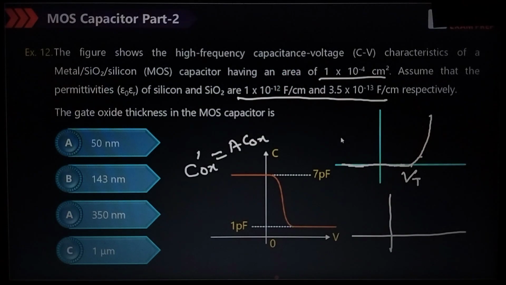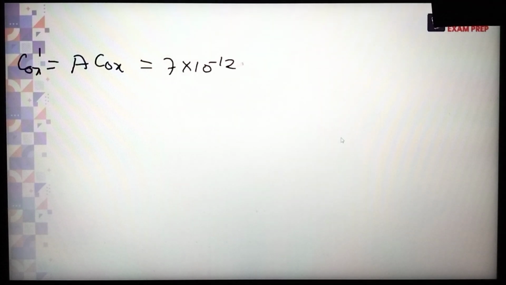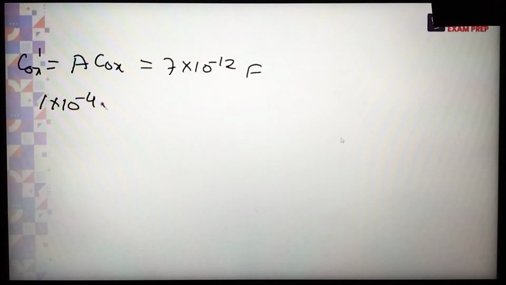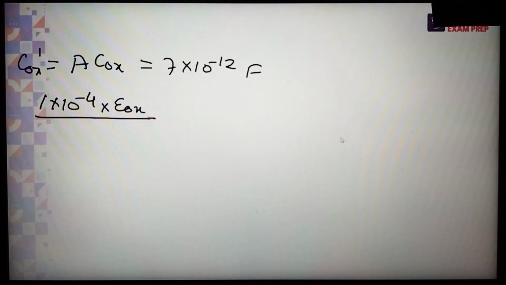So directly you can apply this formula. ACOX is 7 picofarad, 7 into 10 raised to power minus 12 farad. The area is given as 1 into 10 raised to power minus 4. COX is epsilon naught x by TOX.